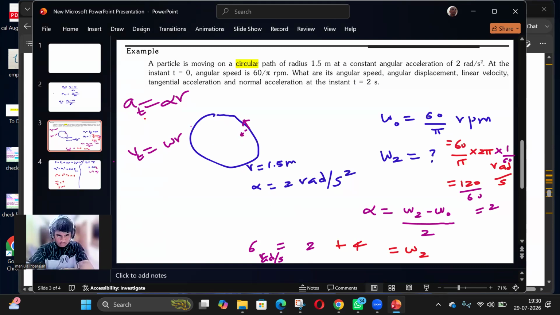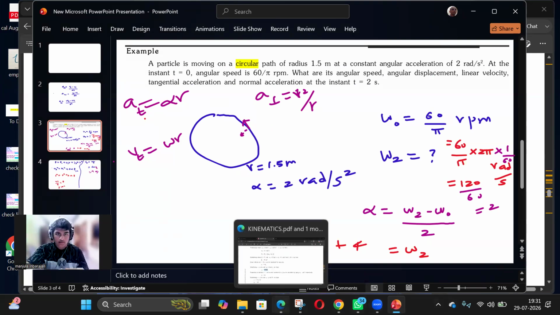But acceleration has both a tangential component and a radial component. The radial or perpendicular component is v square by r, the centripetal acceleration. Tangential acceleration is alpha into r. Alpha is 2 and r is 3 by 2, so it's 3.